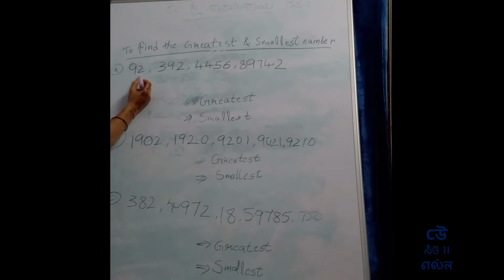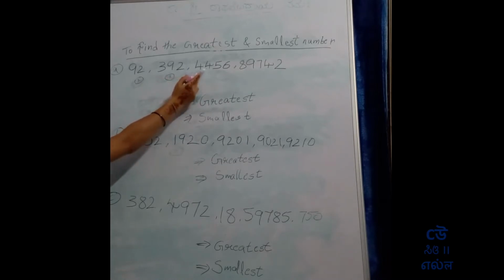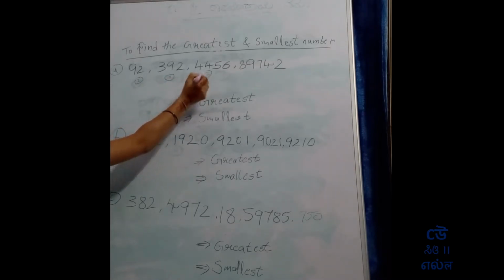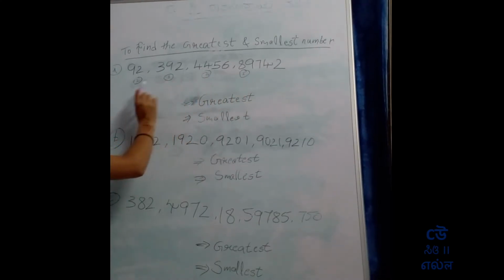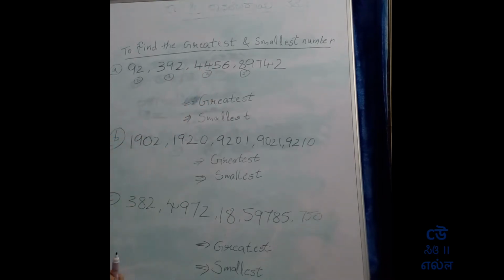So how many digits are there? In this, 2. In this, 1, 2, 3: 3 digits. In this, 1, 2, 3, 4. In this, 1, 2, 3, 4, 5. We have 2 digits, 3 digits, 4 digits and 5 digits.